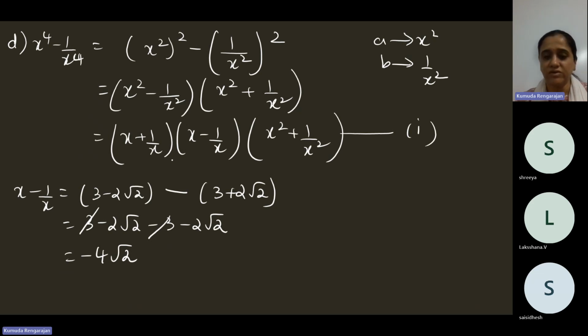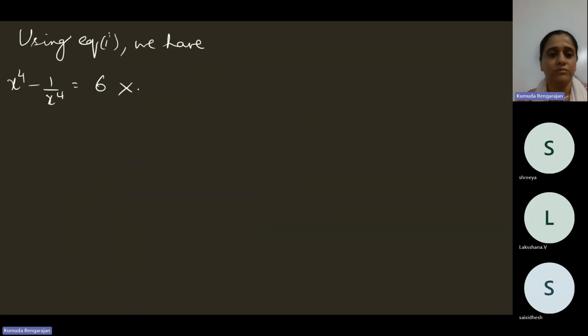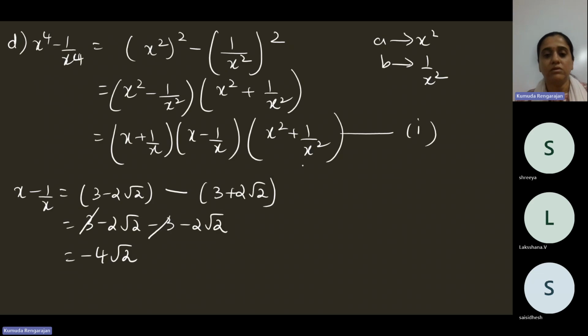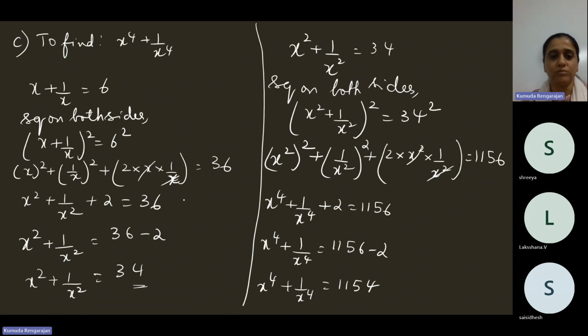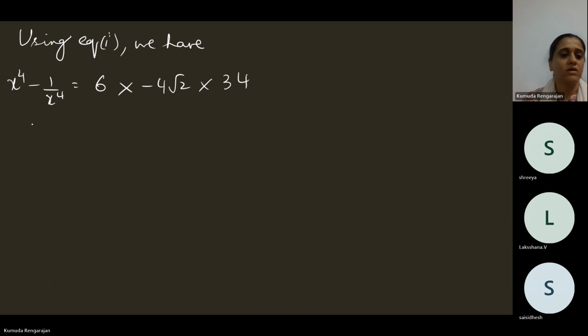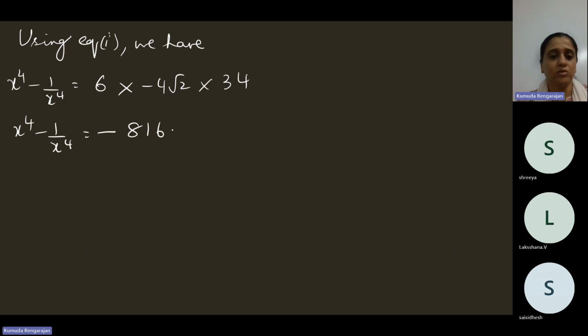What's the value of x plus 1 by x? 6, into x minus 1 by x which is minus 4 root 2, into x squared plus 1 by x squared, 34. So x to the power 4 minus 1 by x to the power 4 is equal to the product, 34 into 24, which is 816 root 2, minus 816 root 2. Yeah, write down.